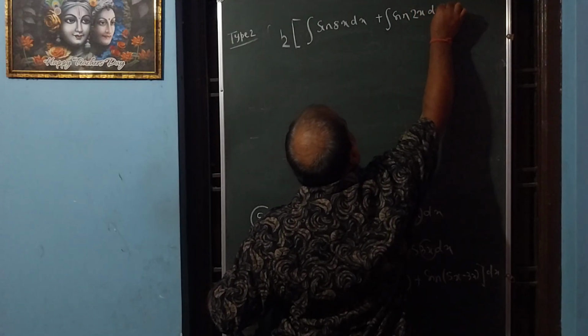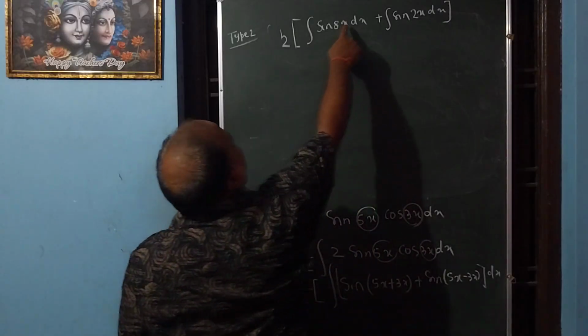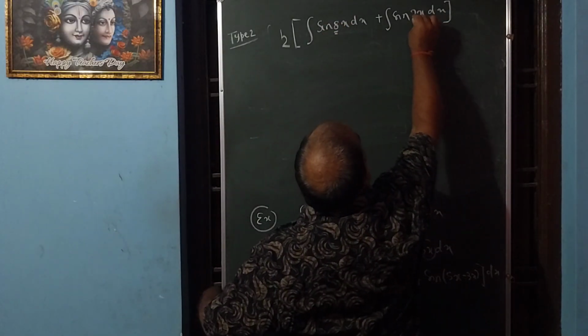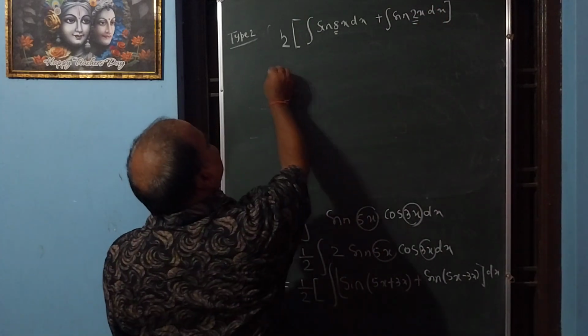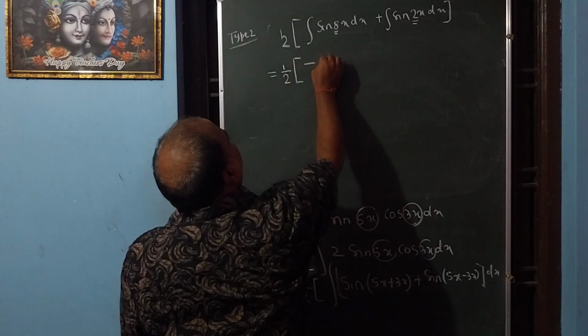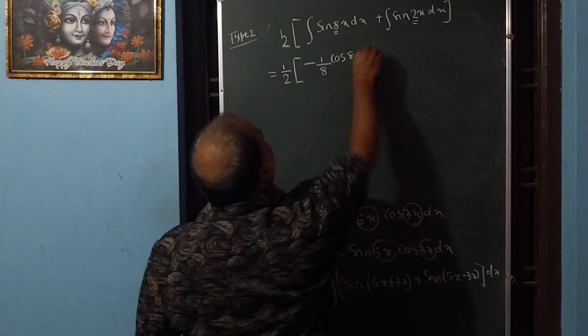2x dx. Okay, so here the coefficient of x is 8, so that will be divided there. Coefficient of x is 2 here, so that will be divided there. So what is the integration of sin 8x? That is minus 1 by 8 cos 8x.